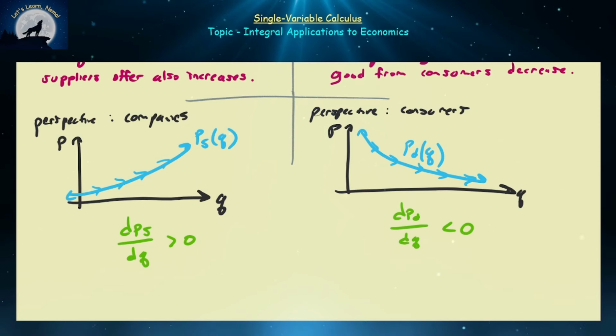Right? And this is under the assumption that these curves are differentiable. Obviously, if they're not differentiable, which in the real world is common, then we would do some derivative approximations, for example, finite differences and so on.